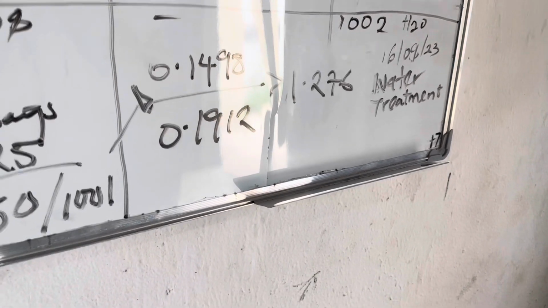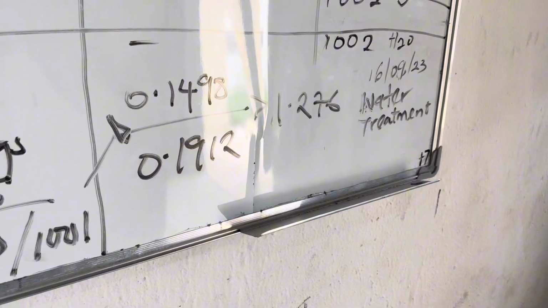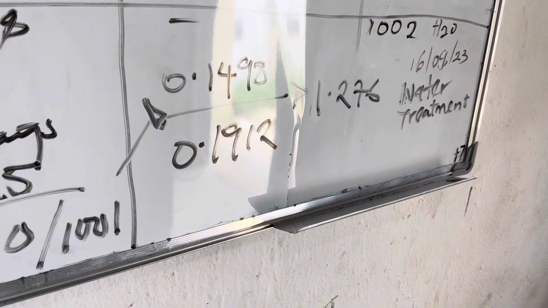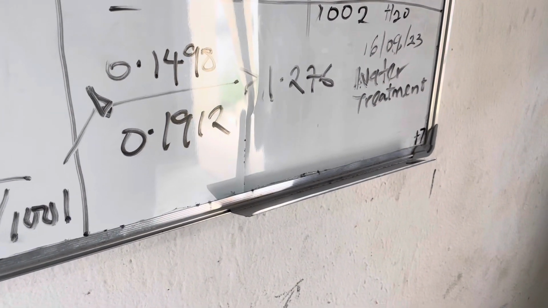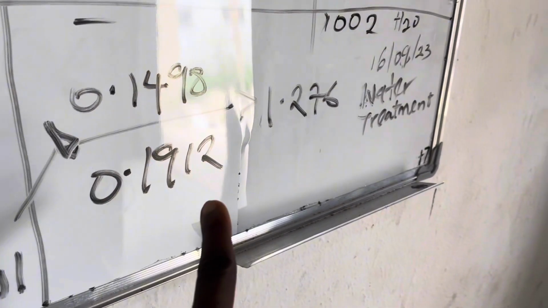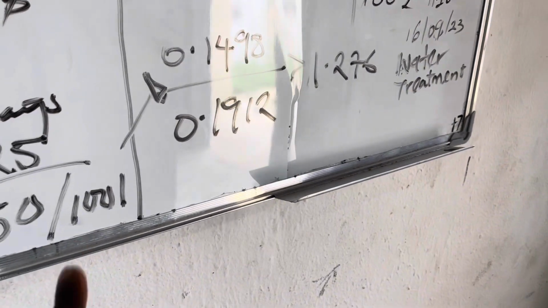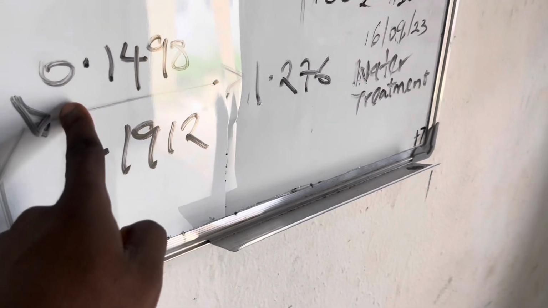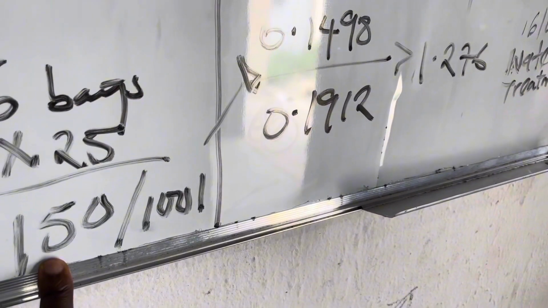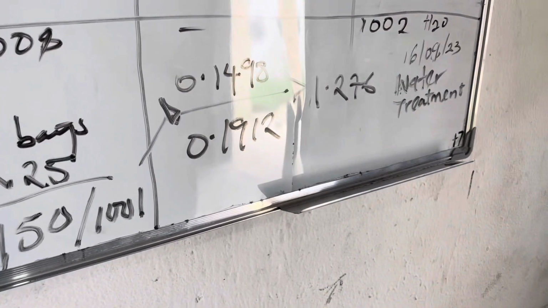What it means is that each bird has eaten, on average, 0.1498 kg of feed. So you get the average kg each bird has consumed: you take the total kg of feed, divide it by the number of live birds, and you have the average kg of feed. Cool.